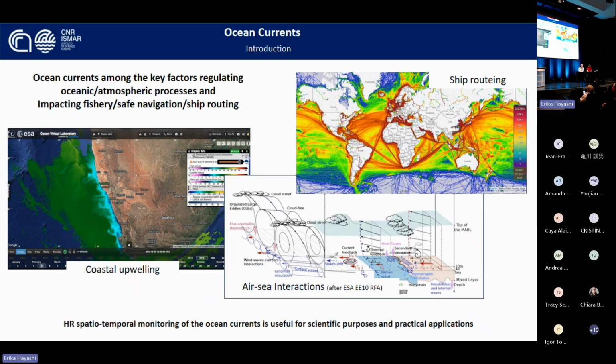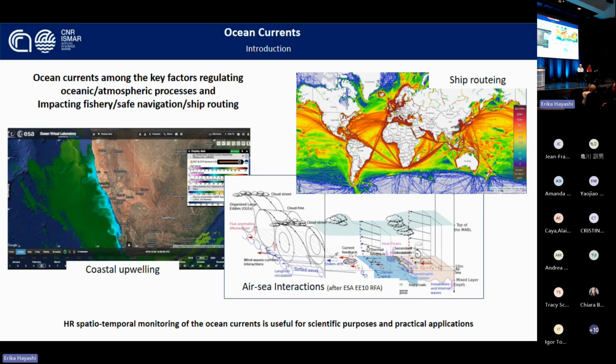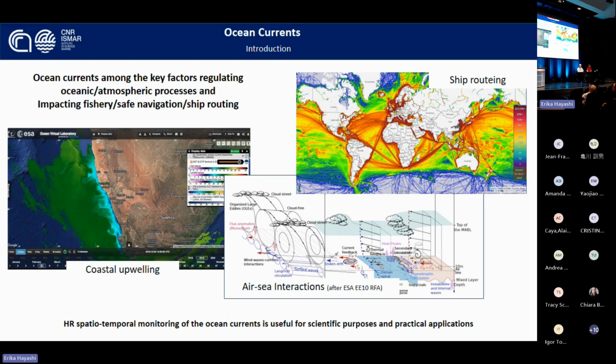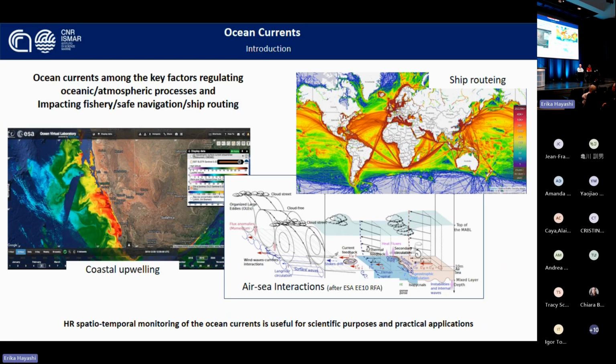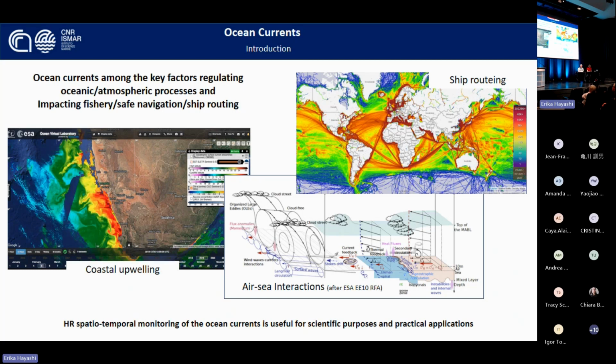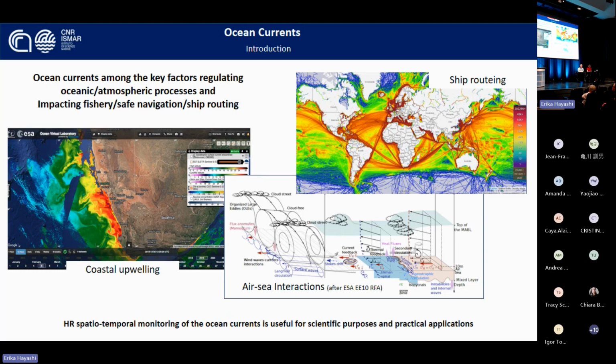Why ocean currents? So quickly going from your left to right, ocean currents are crucial to understand the ocean surface variability, air-sea interactions, but also lots of activities that involve human activities at sea. One example for all presented here is ship routing.